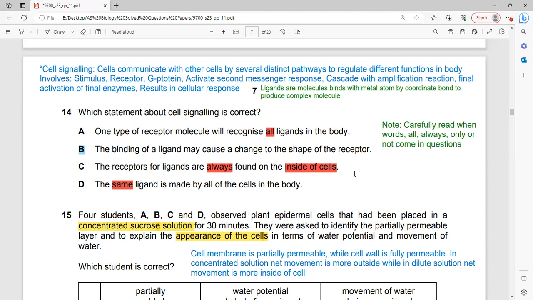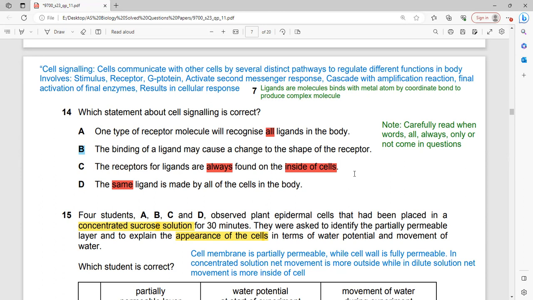Option A, one type of receptor molecule will recognize all the ligands in the body. One type of receptor can recognize more than one, fine, it's possible, but not all. So the word all is basically wrong here.